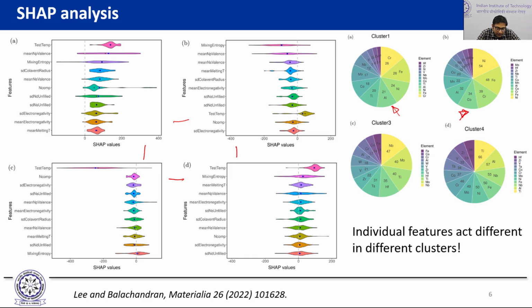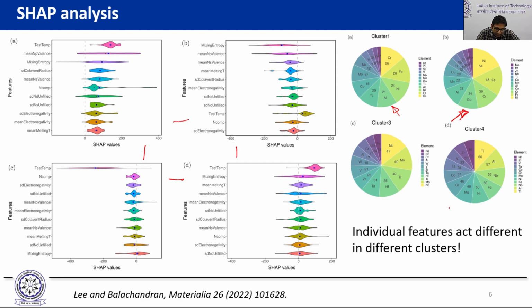Aluminum here was FCC, with a certain valence electron concentration. For cobalt, the value is different and the crystal structure is also different. As you come to the third cluster, once again you see that the chromium and nickel is less. So this is basically a titanium, aluminum, niobium, iron, nickel type of alloy.